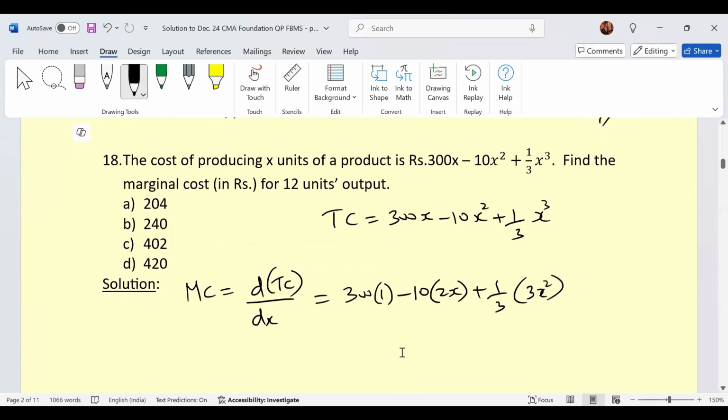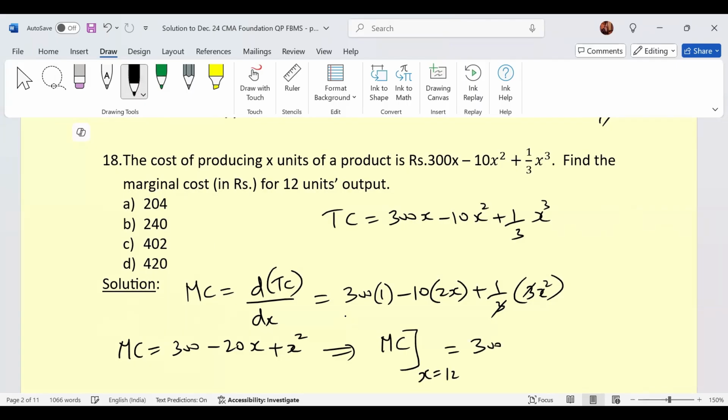So we get MC will be 300 minus 20x. 3 gets cancelled. You get only plus x square. So now this implies that the marginal cost, when x is equal to 12, will be 300 minus 20 times 12 plus 12 square.